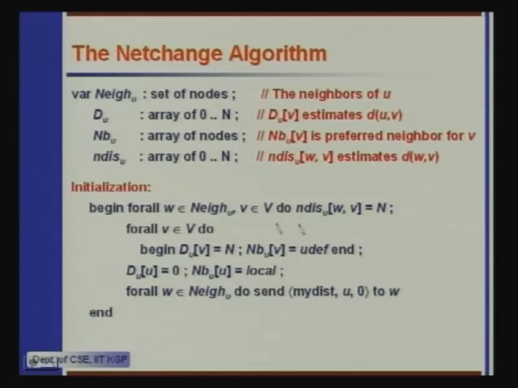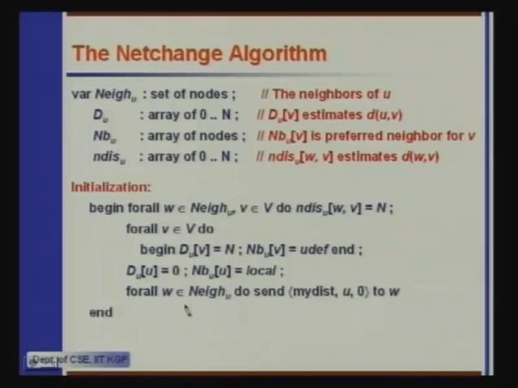That's the initialization part. Then for all v belonging to V, we set d u v equal to n, and nb u v is undefined. D u u equal to 0, nb u u equal to local, and then what does node u do? For every neighbor w of u, it sends mydist u 0 to w. When does the node u do this? When it comes up, when it is booted.